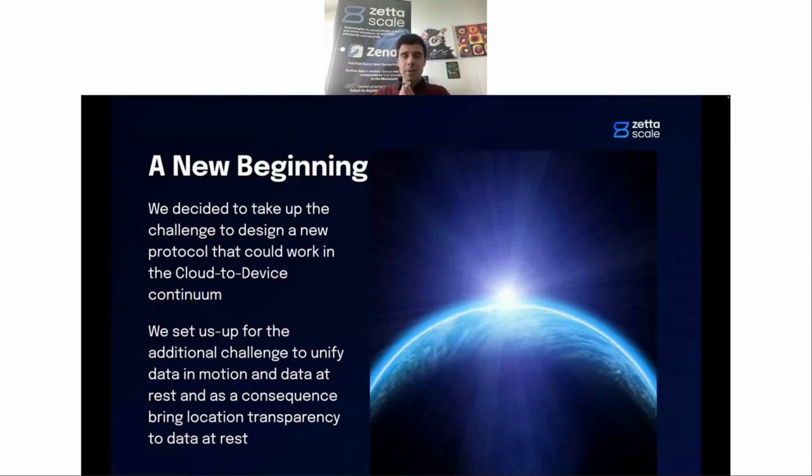What is location transparency? Location transparency makes sure that as a subscriber, I express the data I'm interested in, and then it is the communication stack that delivers me the data without me having to know where the data is coming from. So it's not host-centric. I declare the interest on a topic, on a subject, on a resource, whatever. I don't care where the producer is, I get the data.